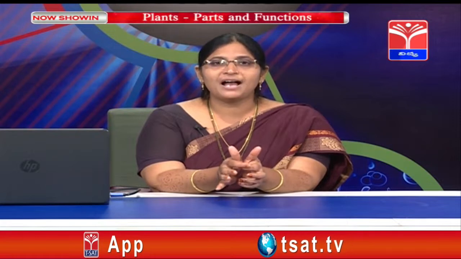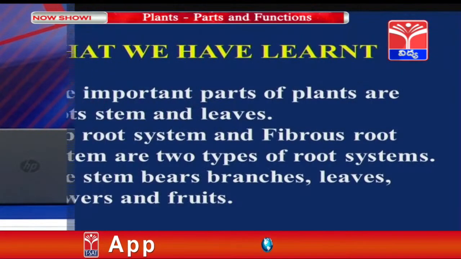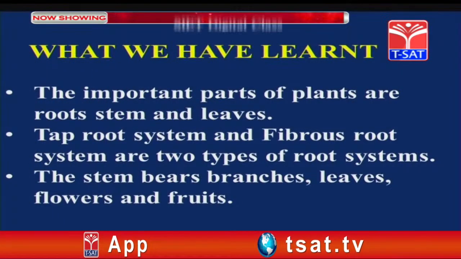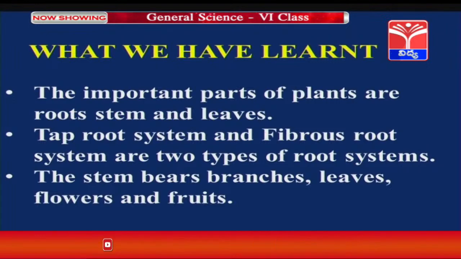Have you understood children? A plant has different parts. What are the different parts of the plant? Roots, stems, leaves, flowers, fruits, seeds, etc. These are the various parts of a plant and their functions. See the next slide, children, what we have learned. The important parts of the plants are root, stem and leaves.